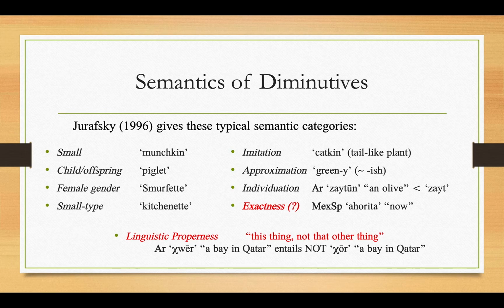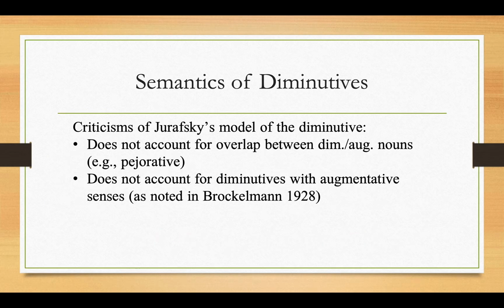So Jurafsky's list of possible senses of the diminutive has received some criticism because it doesn't account in any way for the overlap in function between diminutive nouns and augmentative nouns. For example, either could be pejorative or either could be used as a hypocoristic in Portuguese, for instance.